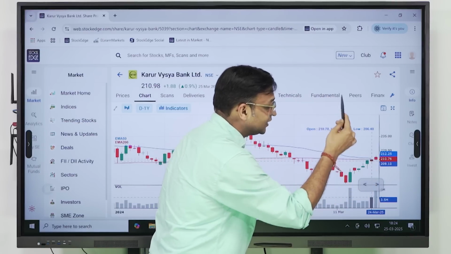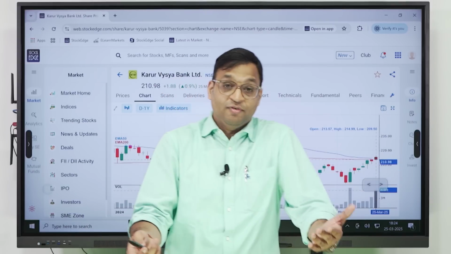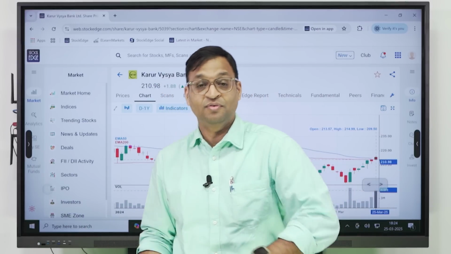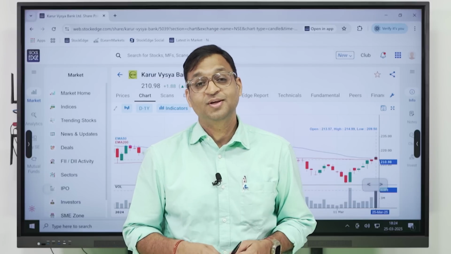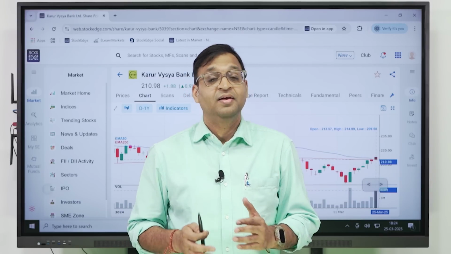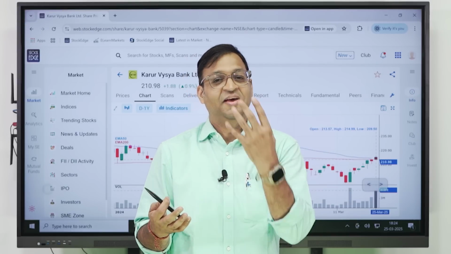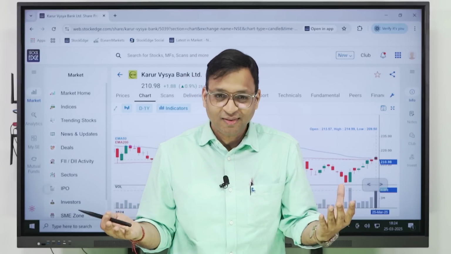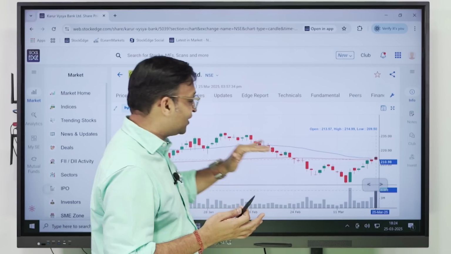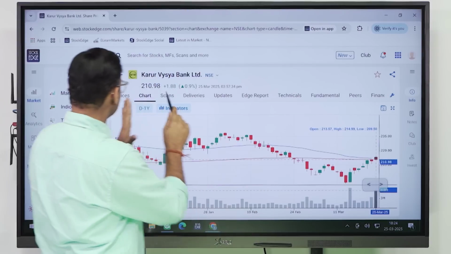So 206 could be a stop loss if we want to enter here, because you never know, the stock can go in the reverse direction. You may not trust the operator. Anything can go wrong, and we need to be better prepared if things go wrong. Even a car has an airbag. If things go wrong, you are protected. Similarly, a stop loss for a trader is like an airbag for a car.